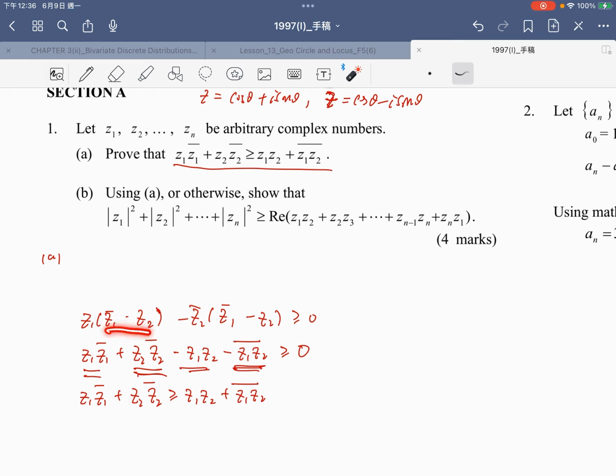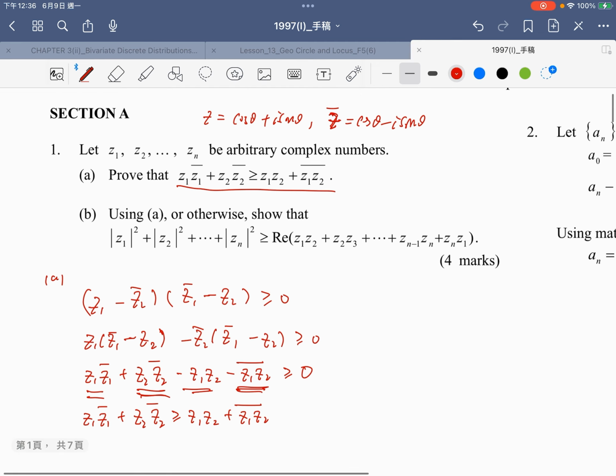And we can see that these two are the same. Then I can factorize once more, Z1 minus Z2 conjugate times Z1 conjugate minus Z2 greater than 0.